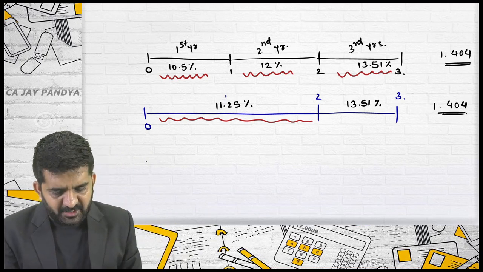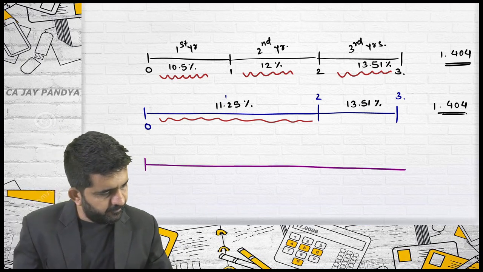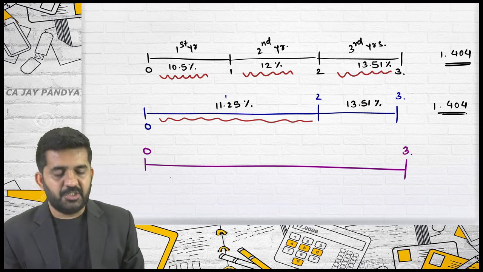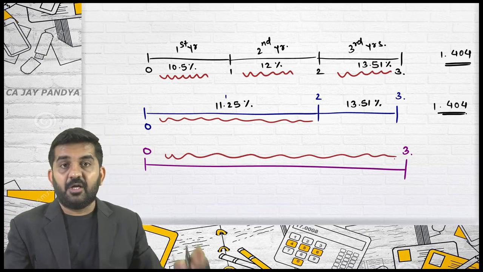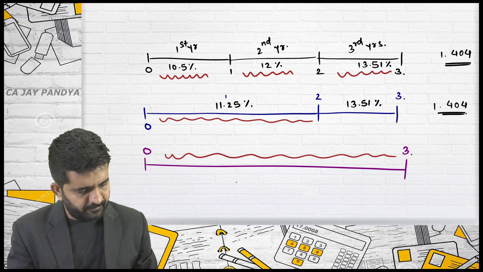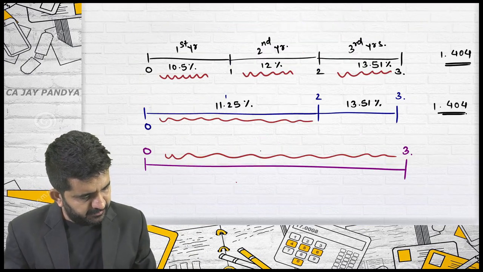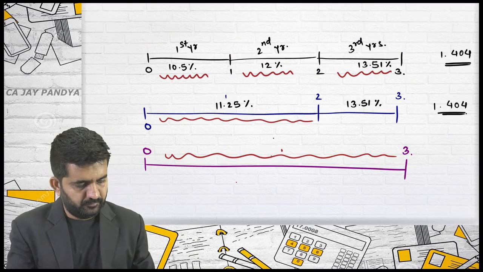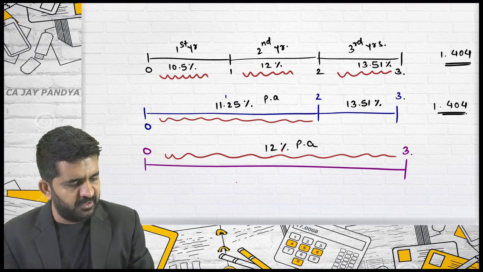If you go with this route, this is year 0, this is 3 years. If you invest directly for 3 years, the rate of interest applicable will be 12% per annum. Thus all figures are per annum.